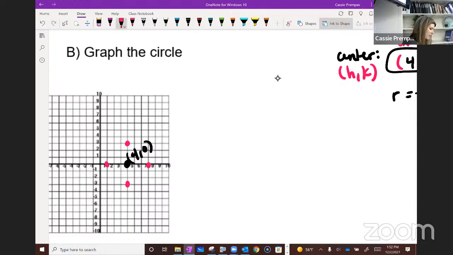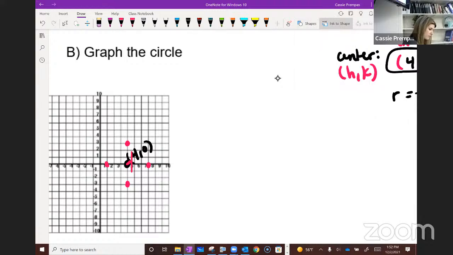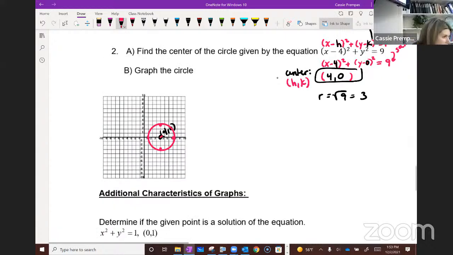Maybe if I start at the center. Let's try it again. Make the circle on the side and then lasso it. You guys are confusing me. Ink to shape. Make a circle and then what? Oh, that's good. I did it. Okay. All right.